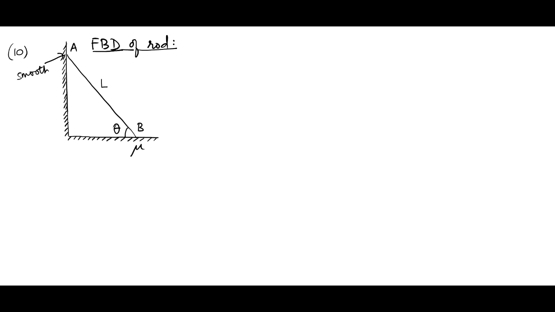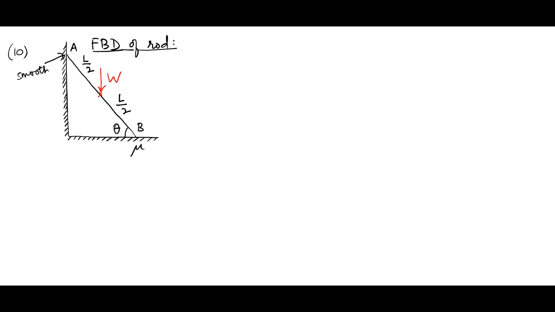Now the rod is given to be uniform, and therefore the weight acts at the midpoint of the rod. Weight is going to act here. So I've assumed the weight to be W. It acts at the midpoint of the rod, and the length is split into two halves exactly, L by 2 on this side and another L by 2 on this side.